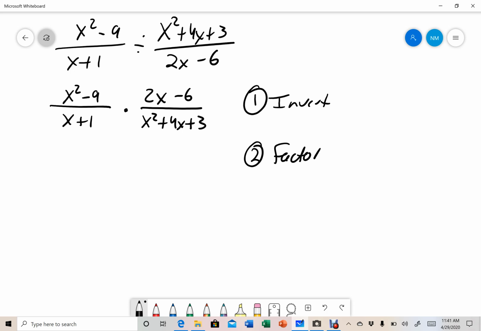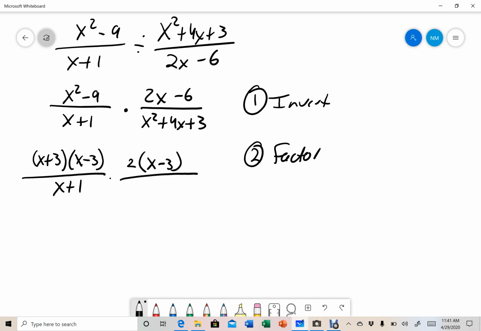So let's factor these. X squared minus 9. What does x squared minus 9 factor to? We've got x plus 3 times x minus 3 over x plus 1. Okay, and then 2x minus 6, we can factor the 2 out, leaving us x minus 3.